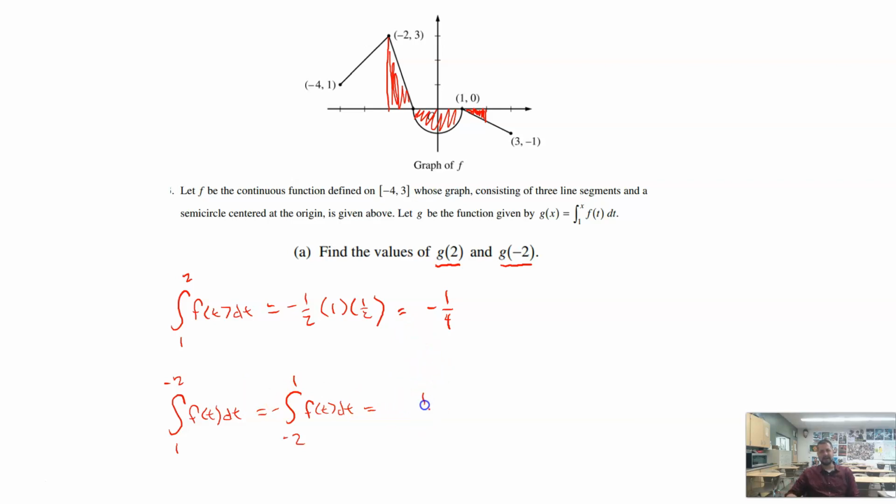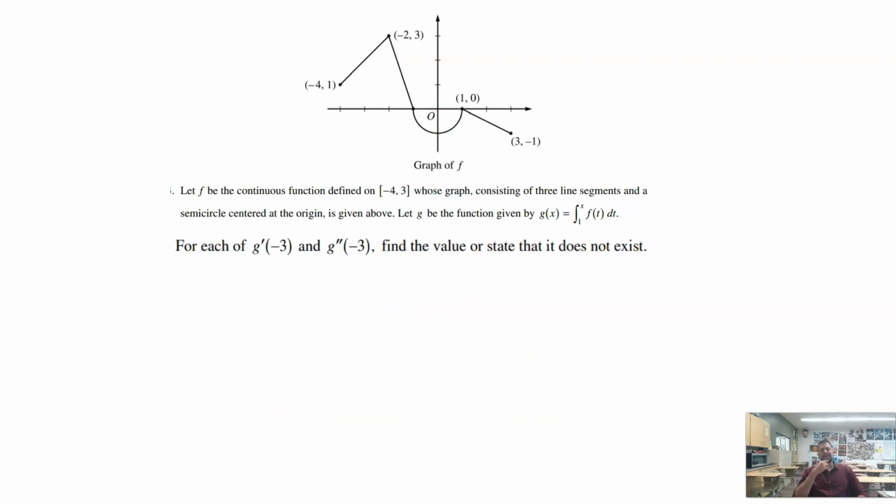So my triangle, I've got 1/2, the base is 1, the height is 3, and then I'm going to subtract off the semicircle that I have. That is 1/2 times pi times r squared. The radius is just 1 here, so I get 1 squared. And I'm going to make all of that be negative because we had to flip the integral. If you simplified that just a little bit and distributed the negative, you get pi halves minus 3/2. You don't have to. This answer suffices on letter A.